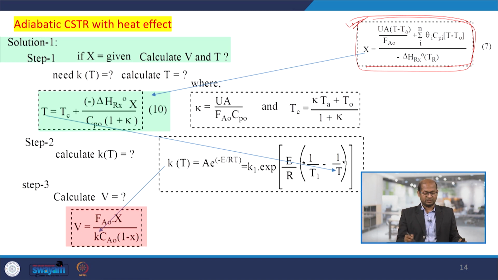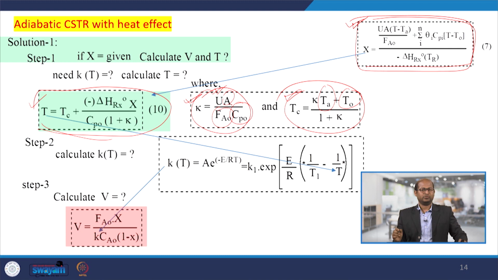We can rearrange these equations this way, equation 9 or equation 10, where kappa equals this and Tc equals this. Then we have to find the kappa and Tc values by putting in the feed inlet temperature, heat exchanger fluid inlet temperature, overall heat transfer coefficient, heat transfer area, Fa naught, and Cp naught.